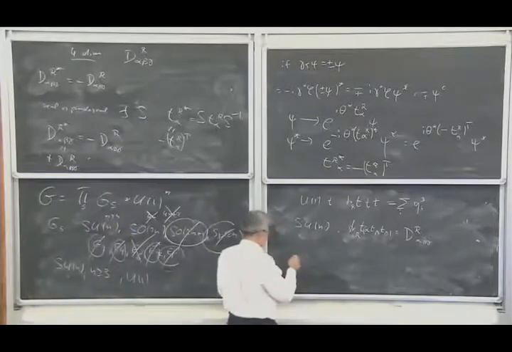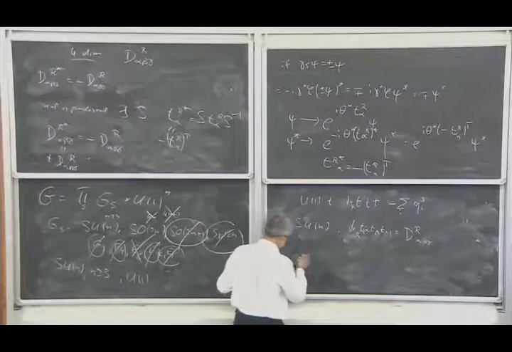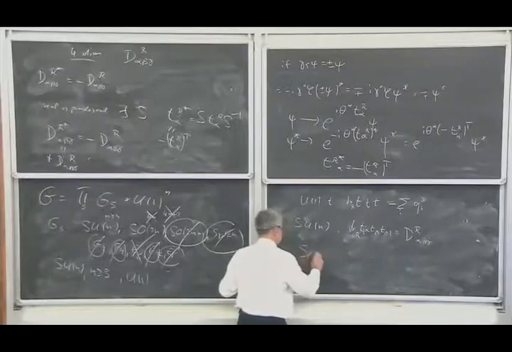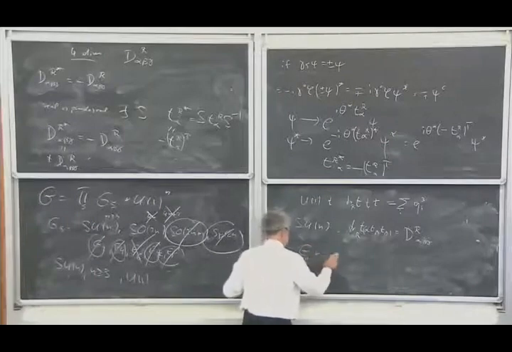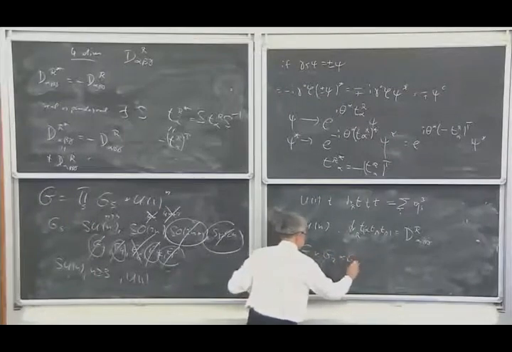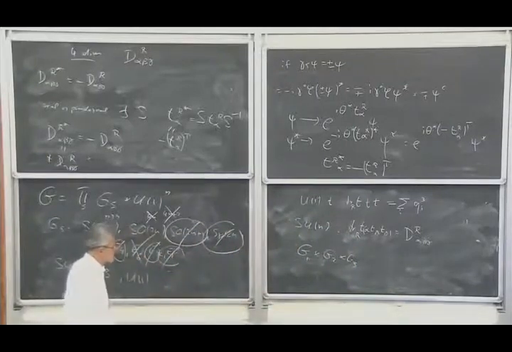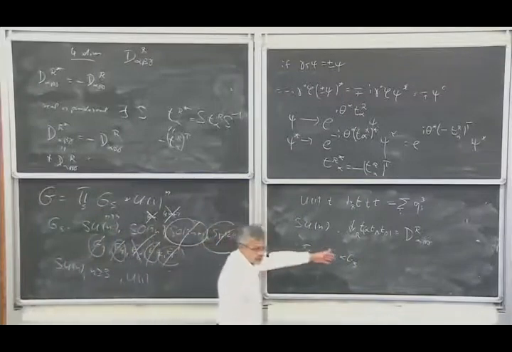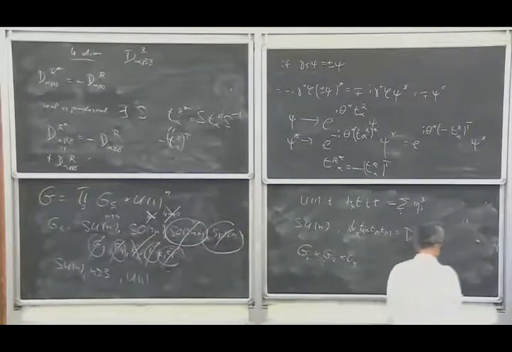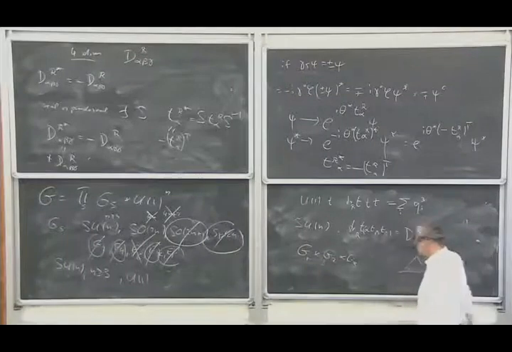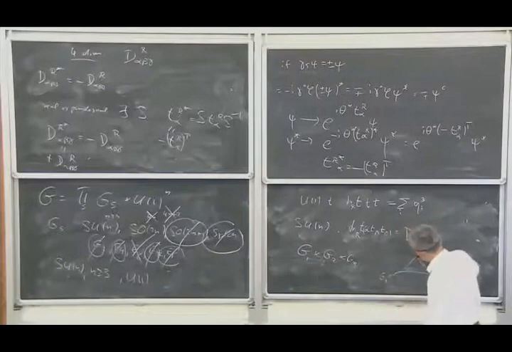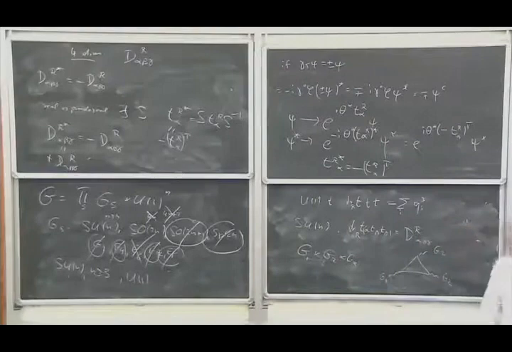For example, if we have a product group, group number 1, group number 2, group number 3. Suppose this is our gauge group, a product of 3 groups. Then we have gauge bosons for any of these groups. In particular, we can look at a triangle diagram where here we attach a gauge boson, say, of G1, here we attach a gauge boson of G2, and here we attach another gauge boson of G2.